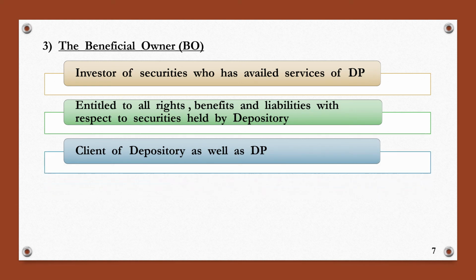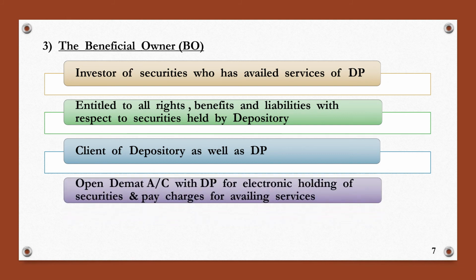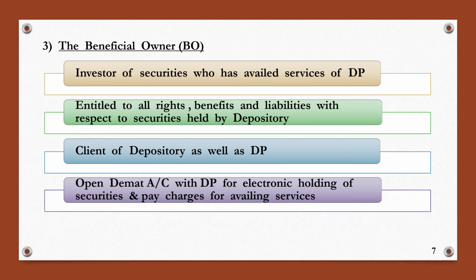Next, the BO is also called as the client of depository as well as the DP. Further, the investor, that is the BO, is required to open an account with DP, which is called as demat account, for the purpose of electronic handling of securities. However, the BO has to pay the necessary charges to DP for availing the services of DP.